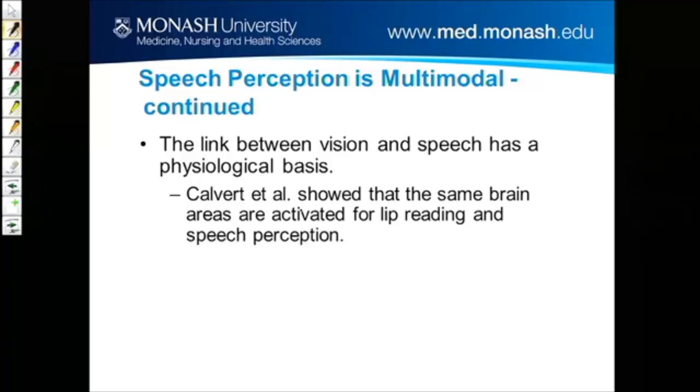So Valerie Calvert and colleagues used functional imaging to look at lip reading, the actual brain regions involved in the visual properties of the audio part of speech perception, lip reading. And what she did was show people inside the scanner videos of people mouthing numbers, so silent videos of a face mouthing numbers.